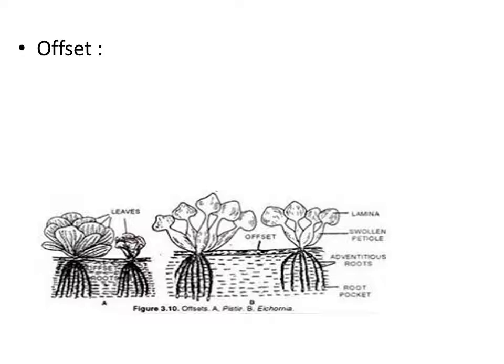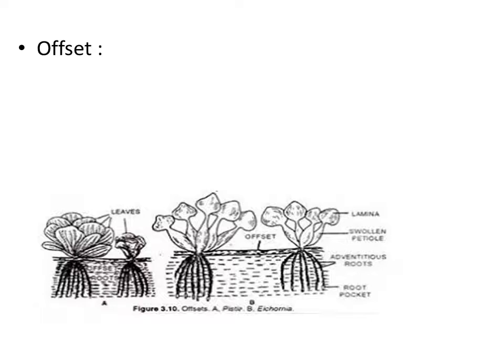What is meant by offset? So off is nothing but half, right? So there is a short internodal structure that arises from the base of the mother plant. First you look into the first diagram. So in the first diagram, the first plant that you are observing is the main plant. Clear?